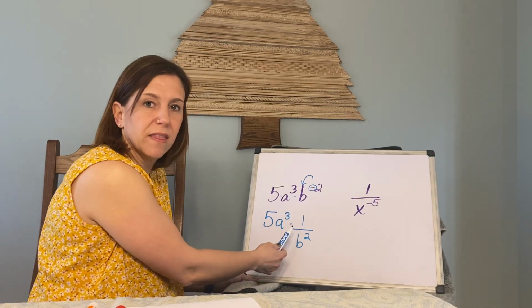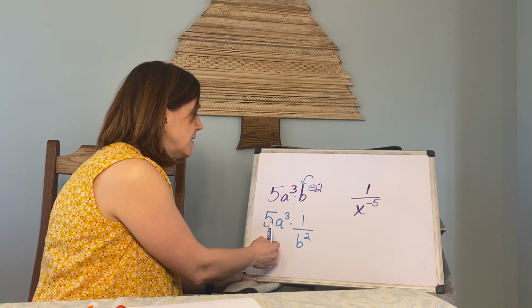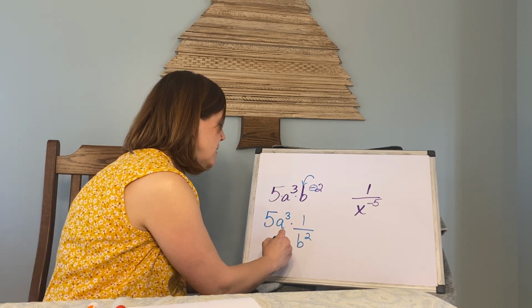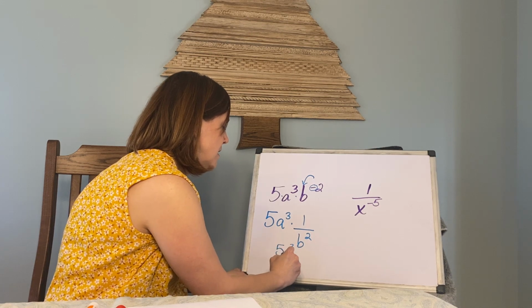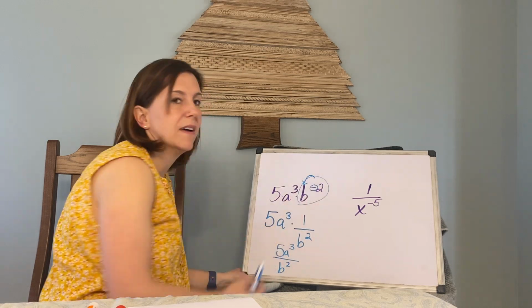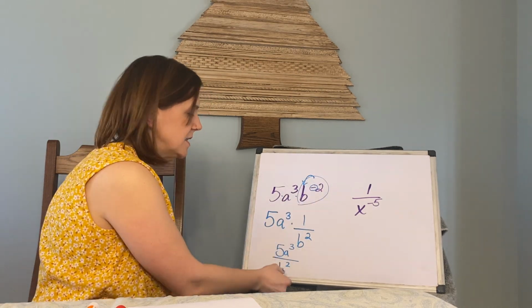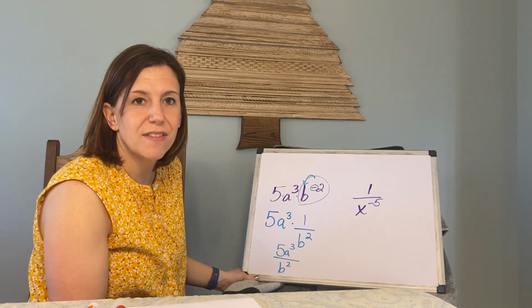But I need to think that that's what's happening, that I'm multiplying. So if I multiply straight across the top, the simplified version looks like that. I took the part that had the negative exponent, I bumped it into the denominator and made the exponent positive. This is the simplified version of that.